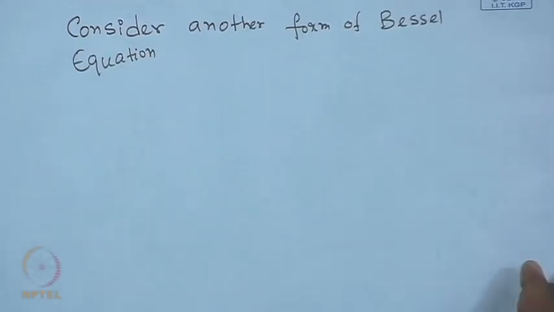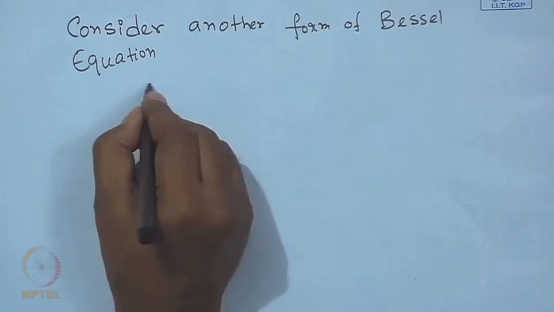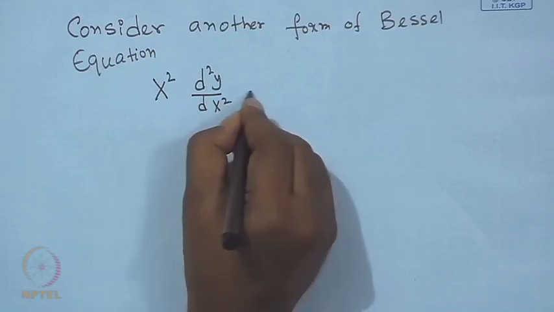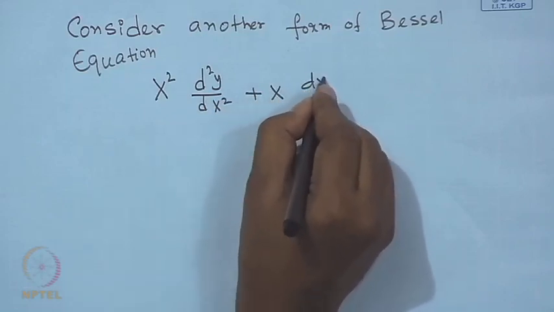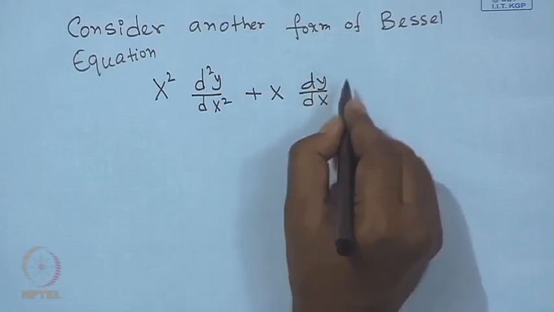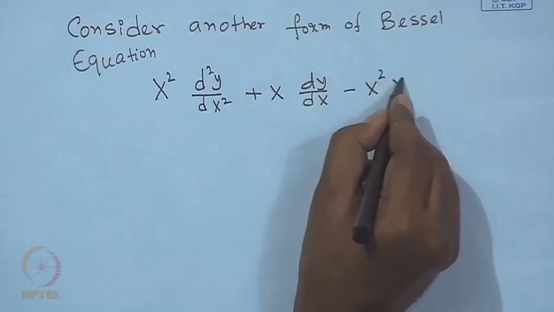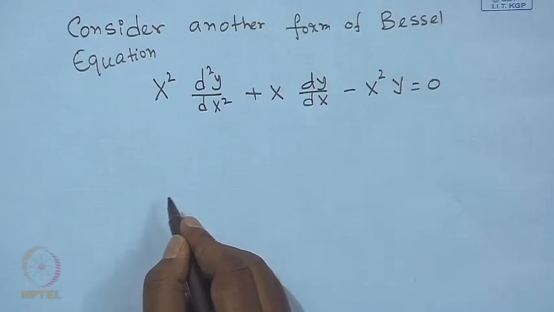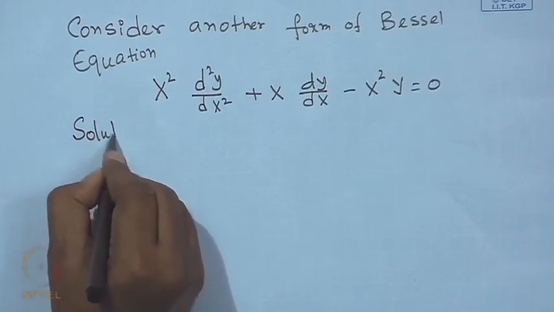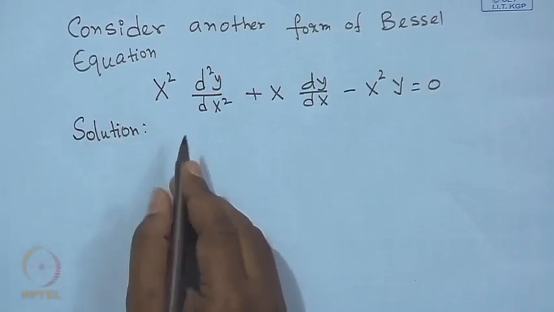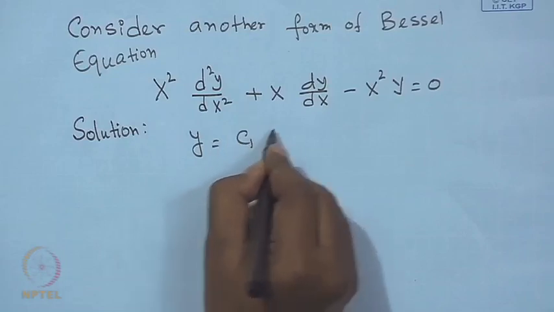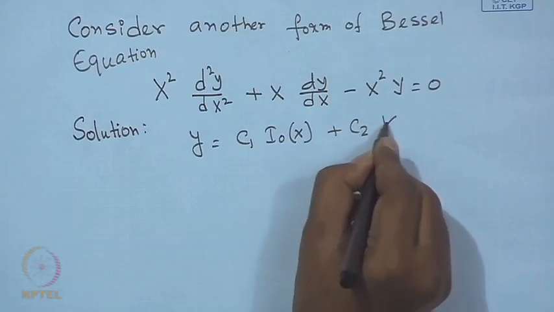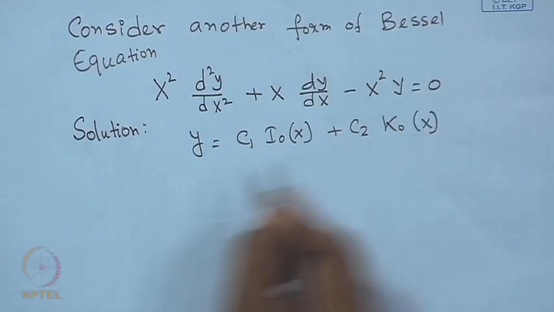Consider another form of Bessel equation. The equation becomes x square d square y dx square plus x dy dx minus x square y is equal to 0. If this is the form of equation, then the solution is in this form, y is equal to C 1 I 0 x plus C 2 K 0 x.